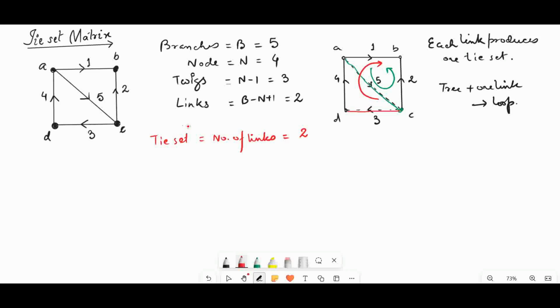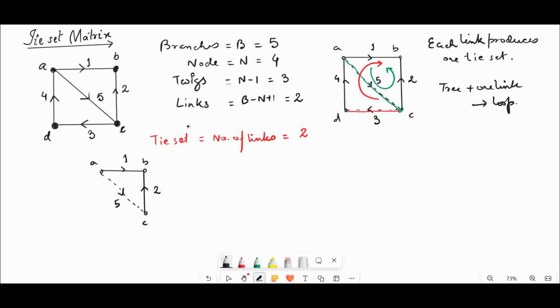Now let us consider each loop. First, let us consider the loop formed by branch number 5. This is one tie-set. So we have A, B, C, and branches 1, 2 and 5.